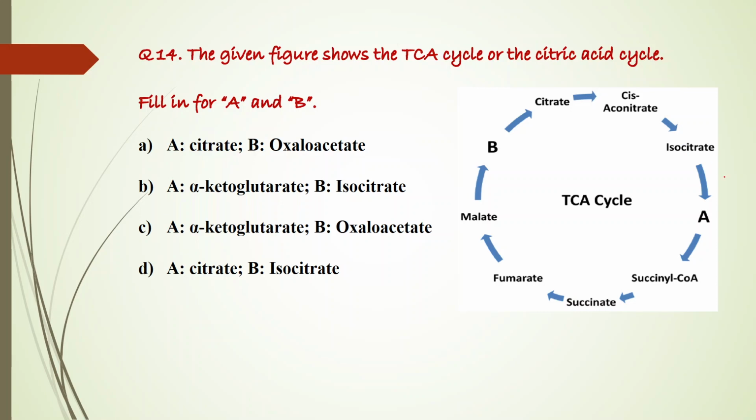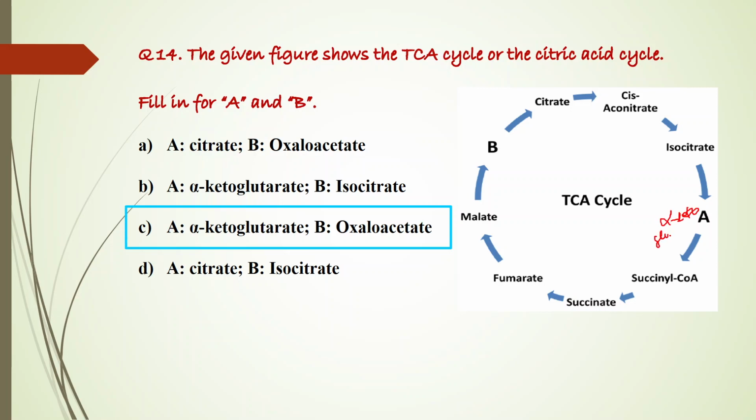Next step is isocitrate to what? That is your question. So in the next step we have the formation of alpha ketoglutarate from isocitrate. So this particular one is alpha ketoglutarate, that is governed by the enzyme alpha ketoglutarate dehydrogenase.